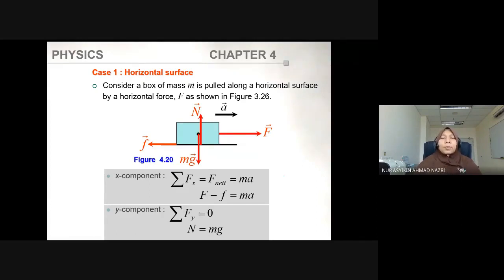Sebab normal force is apparent weight, dia is not always the same dengan your weight. So that's why it's not considered as action reaction pair. Fy akan equal to 0 bila dia memang lie on that plane, on that ground, on that table.